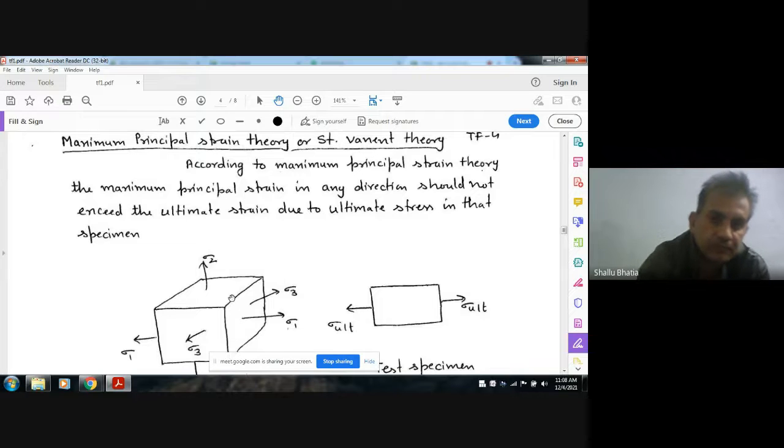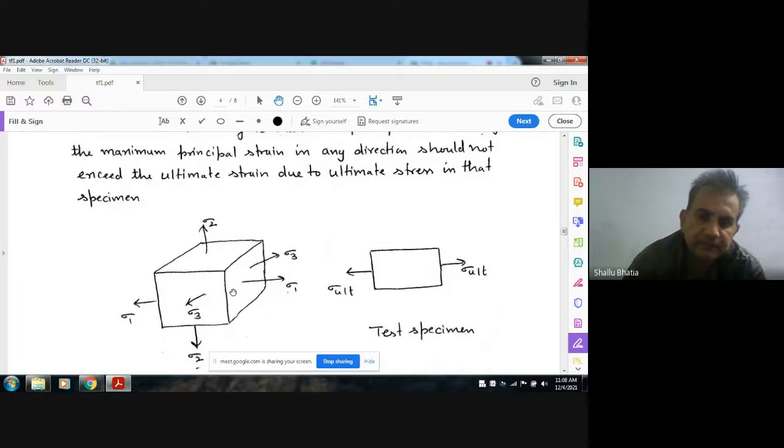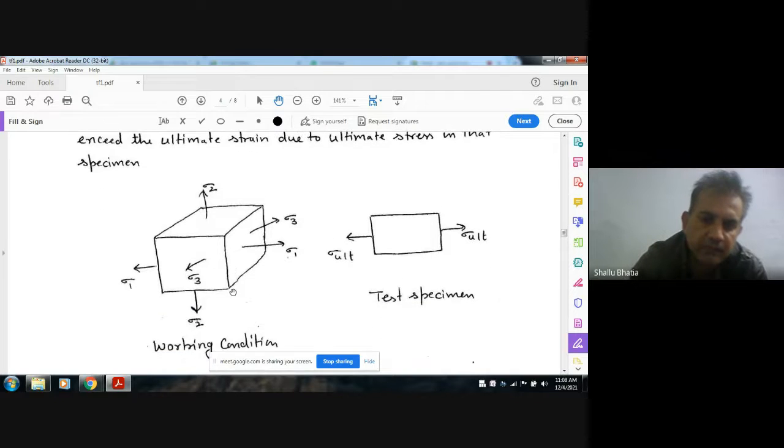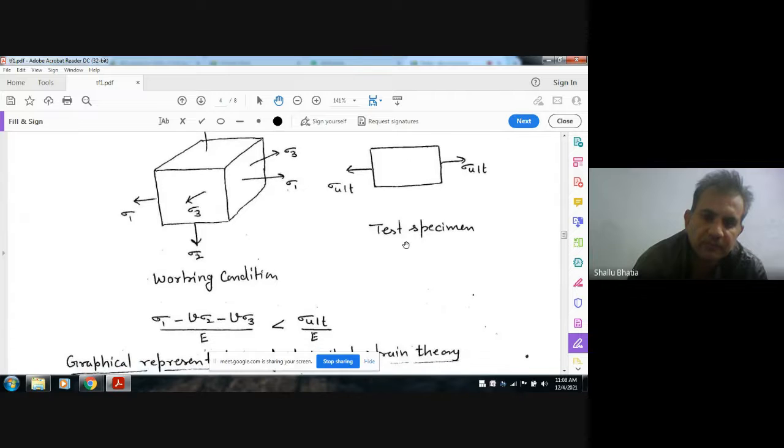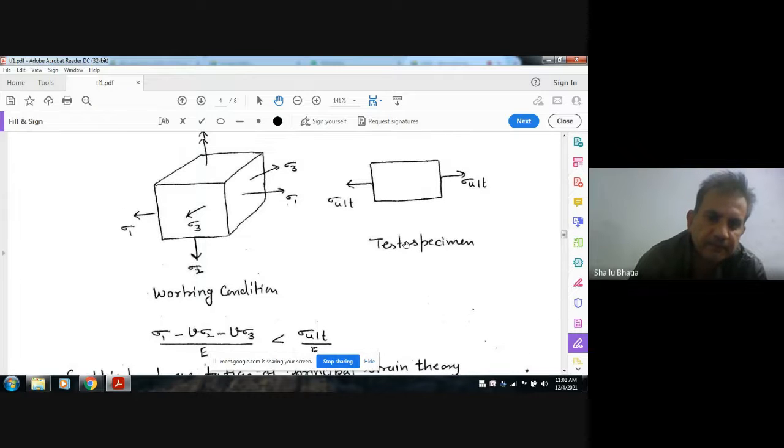Consider a block subjected to sigma 1, sigma 2, sigma 3. These are the working conditions. And this is the test specimen that has failed, so the strain here is sigma ultimate by E.